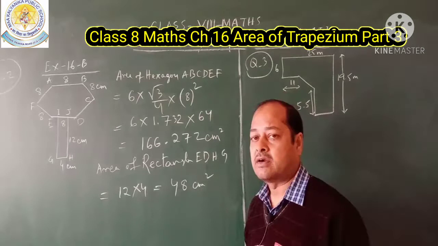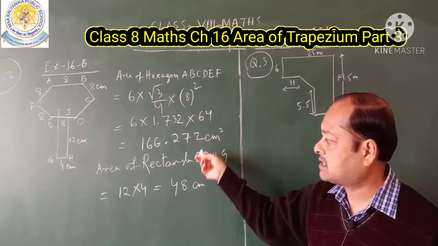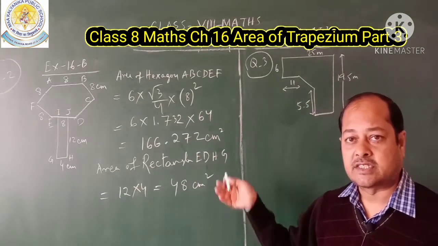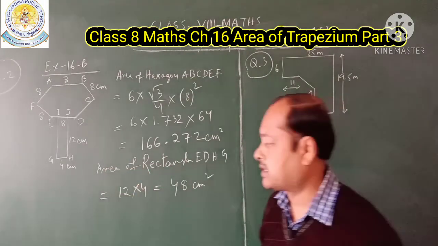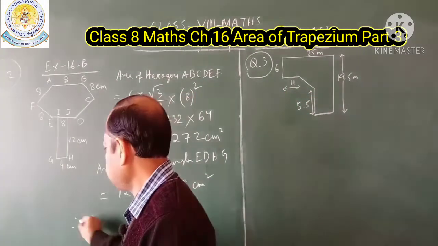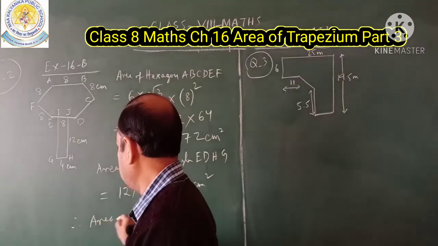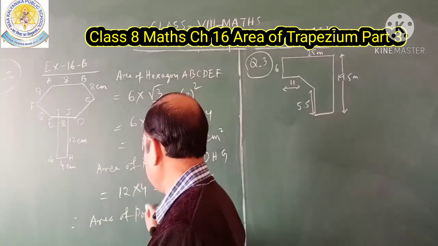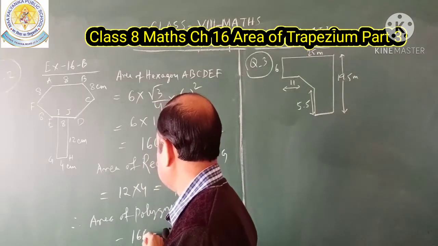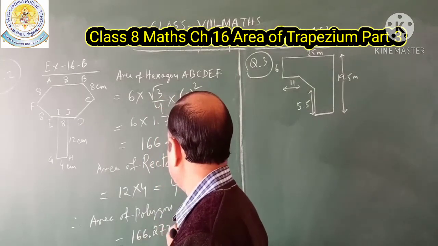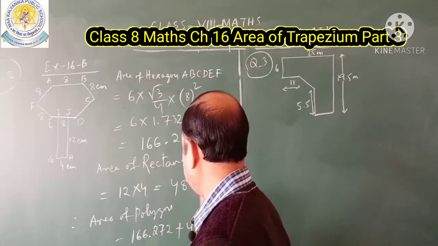So we have the area of the hexagon and the area of the rectangle. Just find the sum of these two, and that is the area of the polygon. Therefore, area of polygon equals 166.272 plus 48.